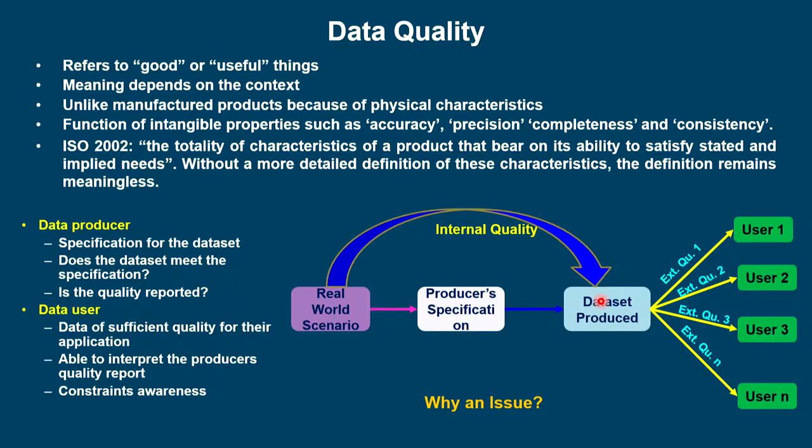So users are very careful and they compare one data set with another. If you have made any mistake as a producer, your data set will not be purchased by anybody. It means if you are not serious, nobody is serious about you. So that way the quality is a very big issue.